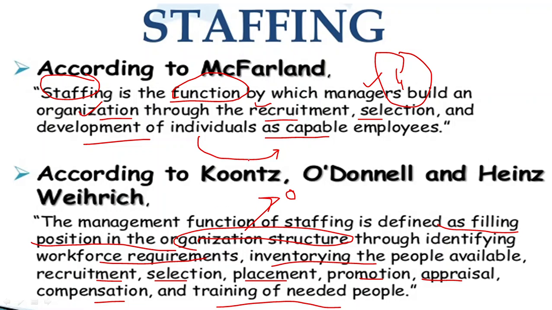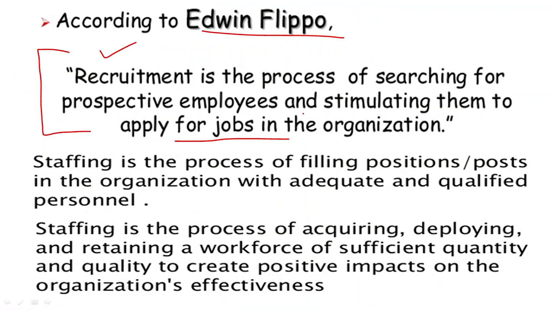Recruitment is basically when you search for prospective employees and you stimulate them, you motivate them by giving them perks, by telling them about the job, you stimulate them to apply for that job, right? So that is recruitment.